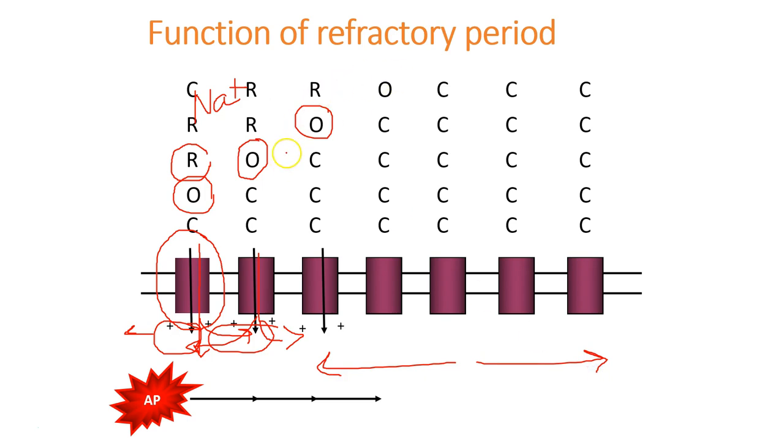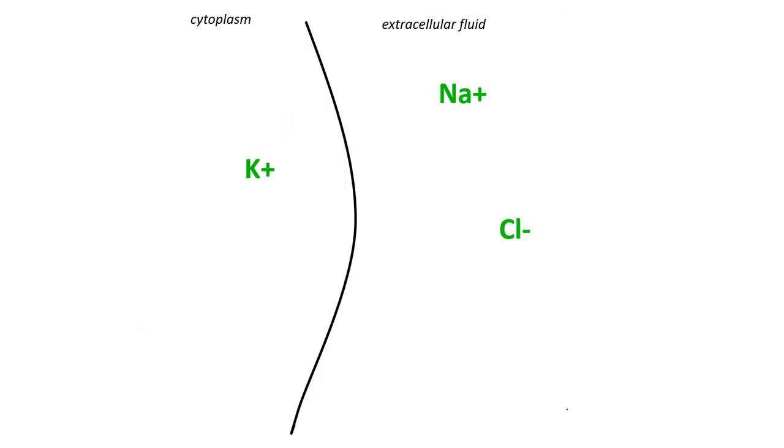So the function of these ion channels entering refractory period shortly after they open is to prevent the movement of the action potential in both directions. It forces the action potential down the length of the axon in one direction only.